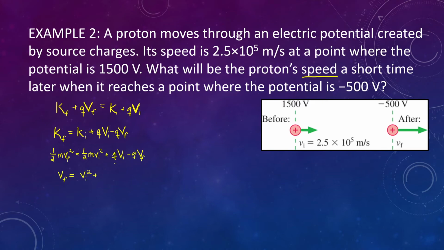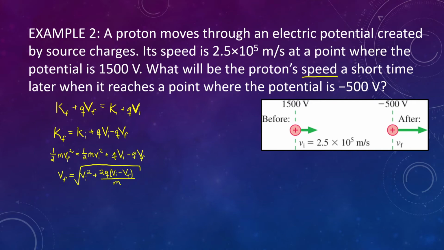Plus, well, we need to multiply by 2 here to each of these terms. So we have a 2. Both of them have a q in them, so 2q. And then we have V initial minus V final. And all of this, the entire thing here, is getting divided by the mass. And then we take the final step of a square root over everything.